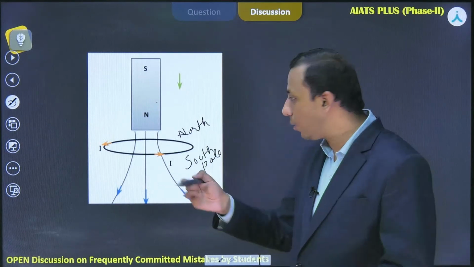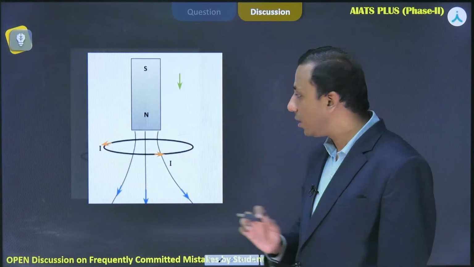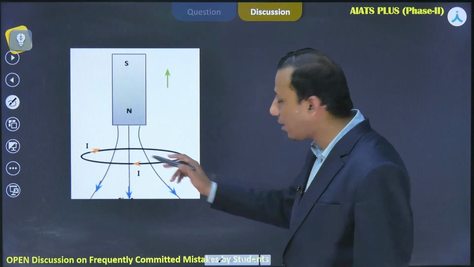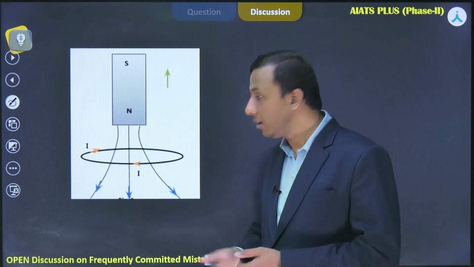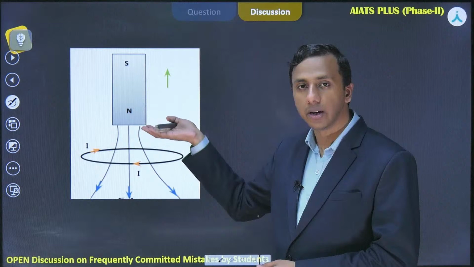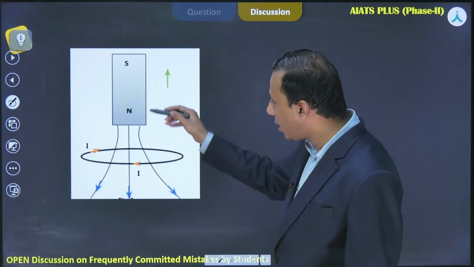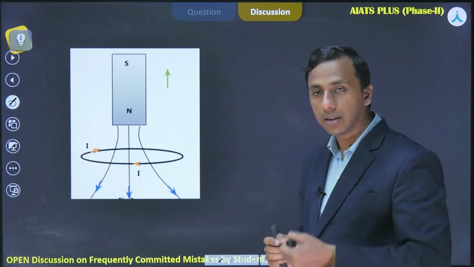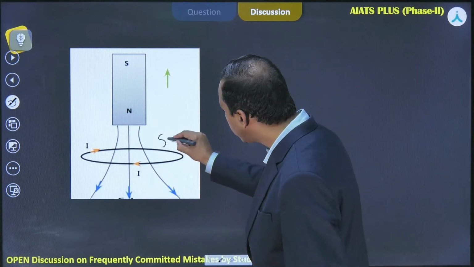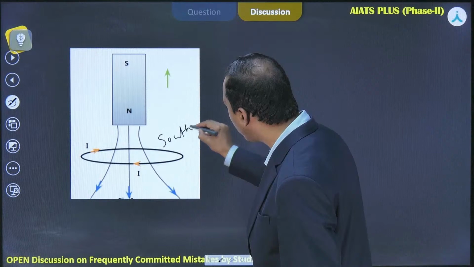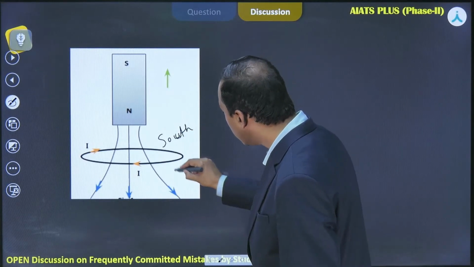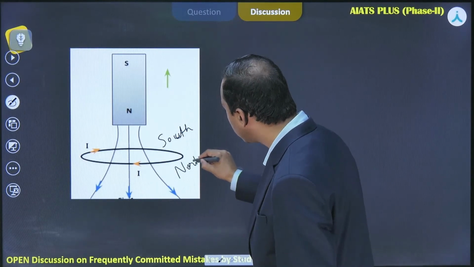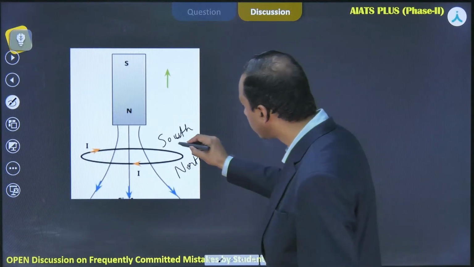So in order to oppose, the top side became north pole. But here if you see, the magnetic flux is decreasing. Why decreasing? Because this is going away. It is receding, right? So if it is going away, this loop will try to pull it down or attract it. Attract it meaning this will try to behave as the south pole, right? The top side. All right. And the bottom one will behave as the north pole. Okay.